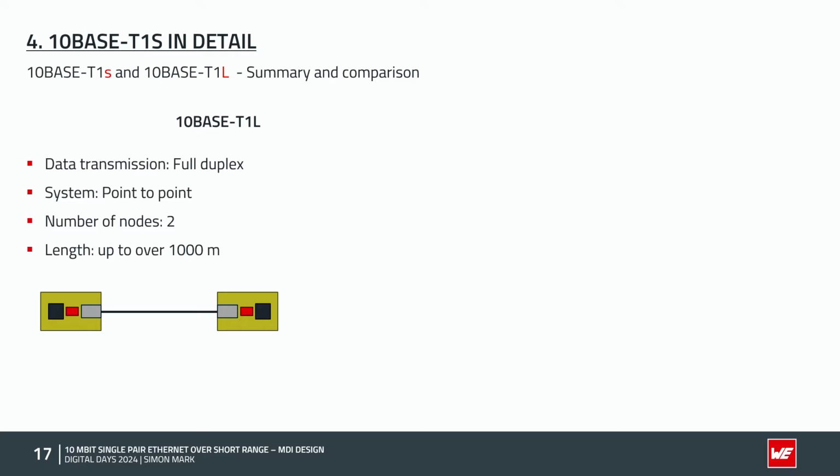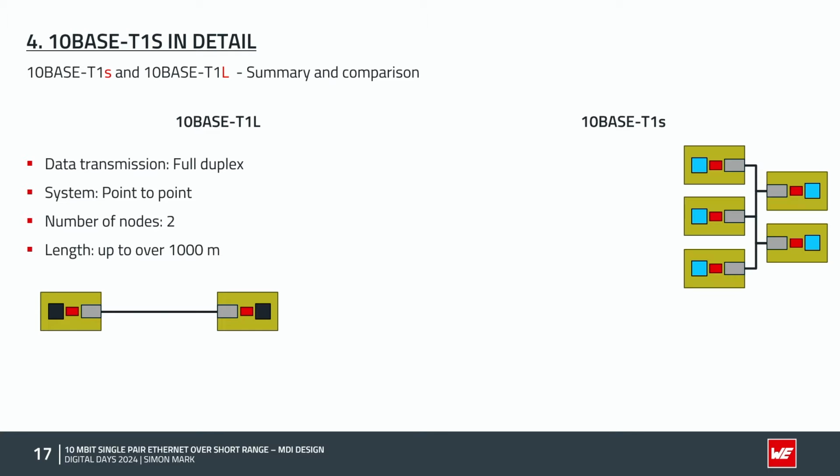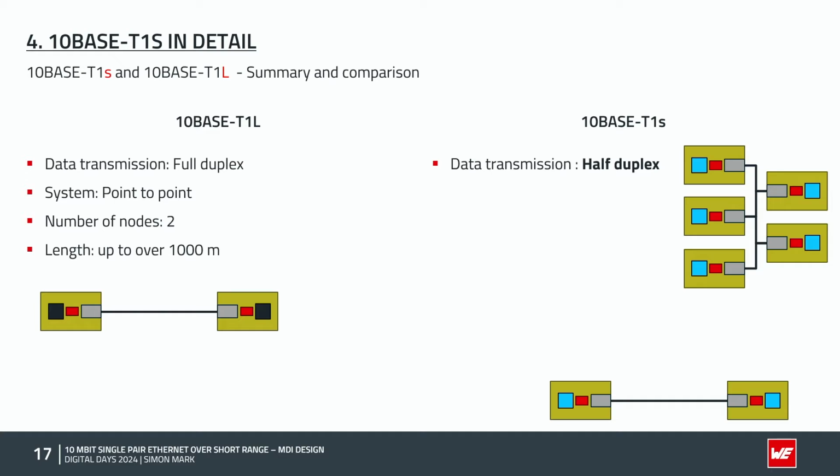It's only point-to-point. For 10BASE-T1S, it is a little bit different. It is like a bus structure, or you can also use it point-to-point. The data transmission for a bus structure is only half duplex. A little bit later, on the next sheet, I explain how it works in a very rough way.